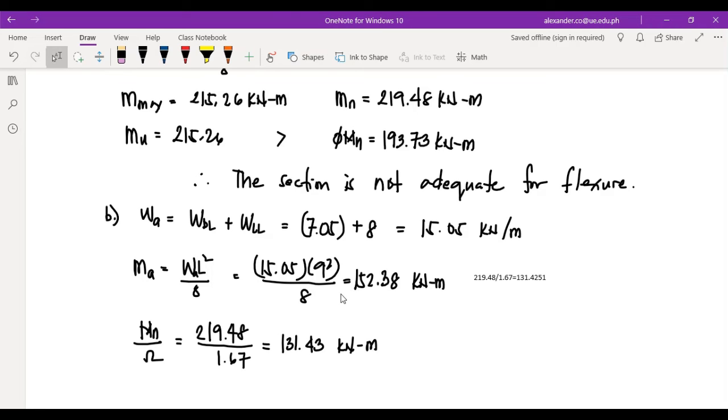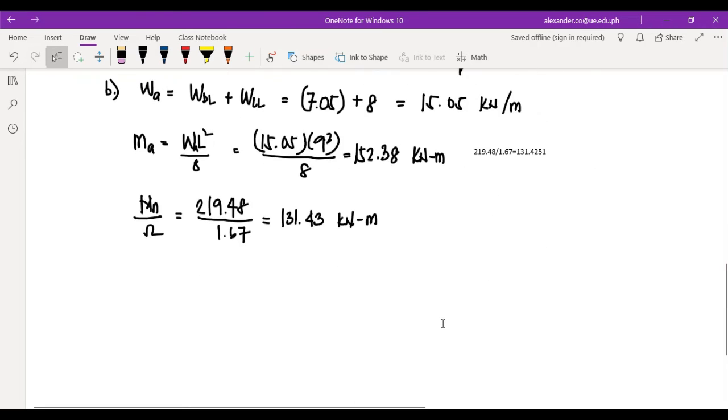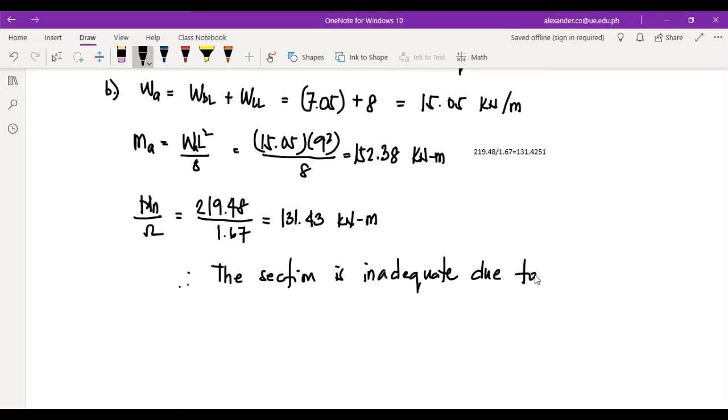Bagsak din. So, since Ma is greater than this, then the section is also inadequate. Sayang, no? Malapit na pero hindi pa rin pumasa. Inadequate to flexure.